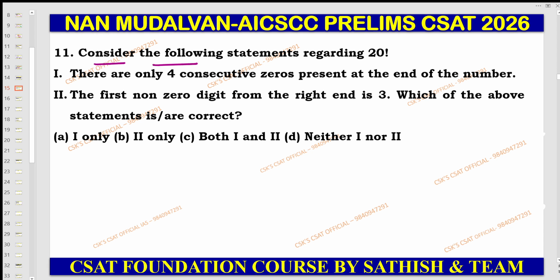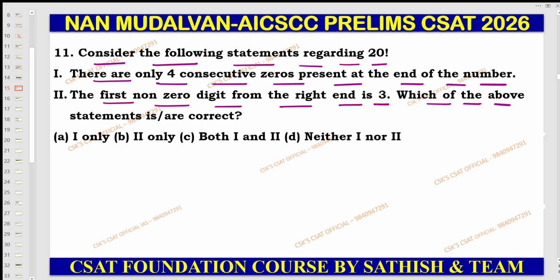Consider the following statements regarding 20 factorial. There are only 4 consecutive zeros present at the end of the number. The first non-zero digit from the right hand is 3. Which of the following statements is or are correct? Now, you know the factorial concept in your foundation, right?